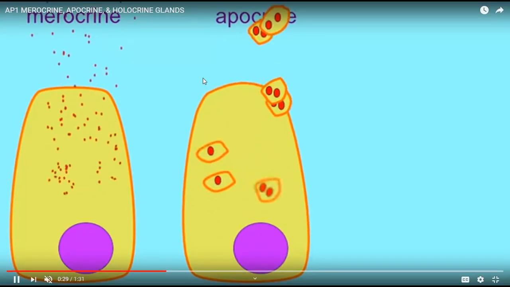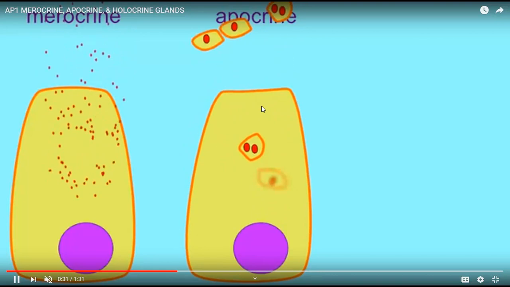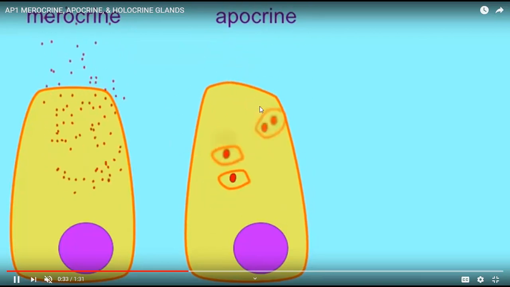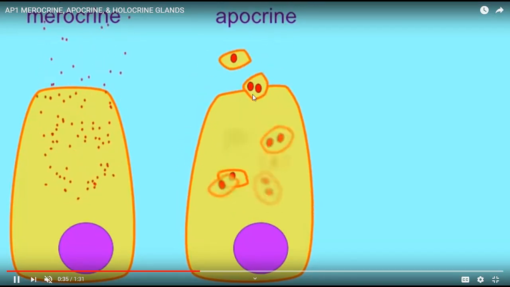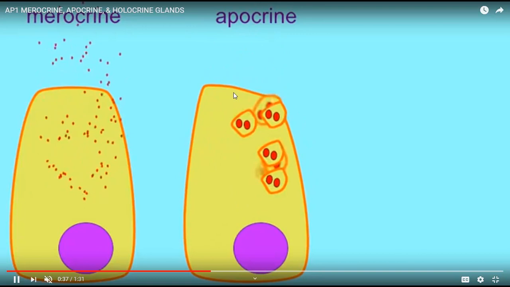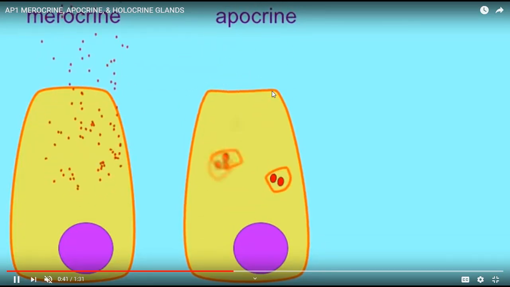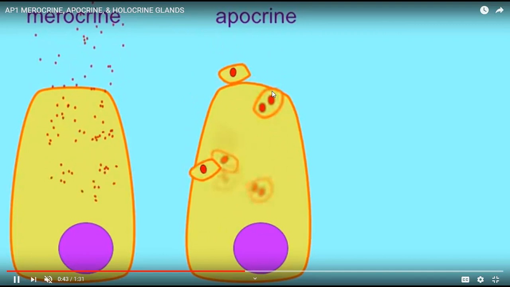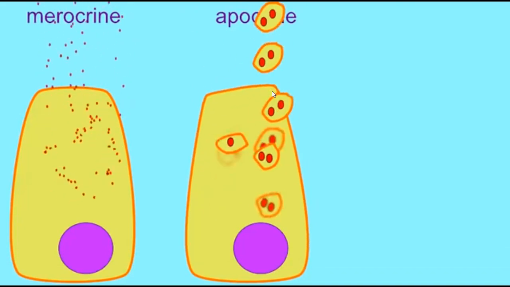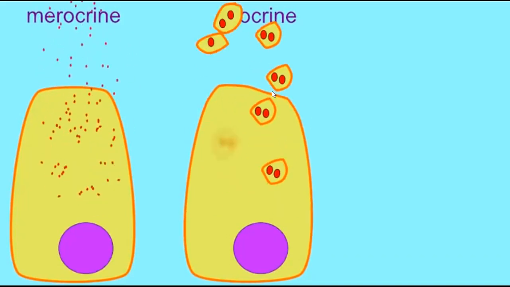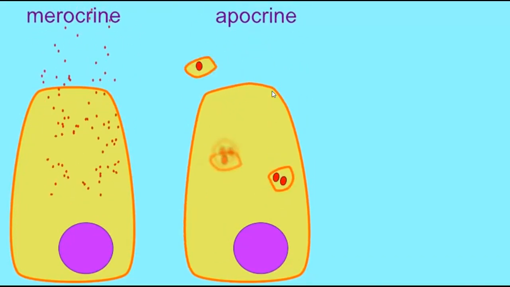Okay, if the secretion is packed, and when it gets here, it is lost with the apical part of the cell, which will be renewed. This type of secretion is called apocrine secretion. Okay, this is called apocrine secretion.